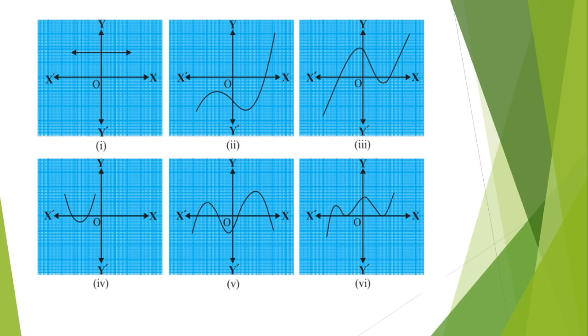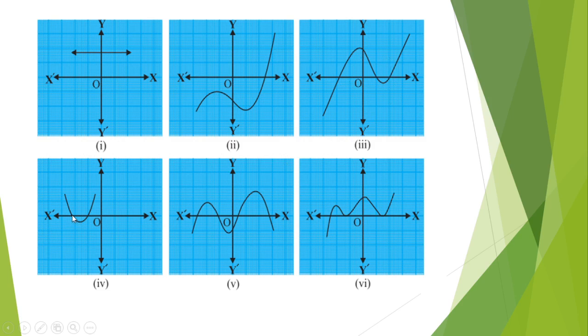Based on the powers, here we have some graphs. For a linear polynomial, we will get one type of graph. For quadratic, we get a parabolic path, a U-shape graph. And the cubic means some curved path. If the line touches the x-axis at one point, it has one solution, like the second one. And here also see, the line touches at 1, 2, 3 points, so it has three solutions.